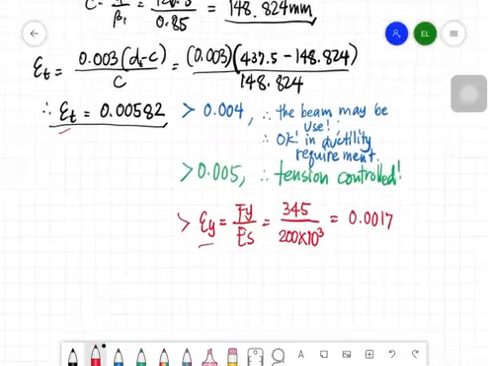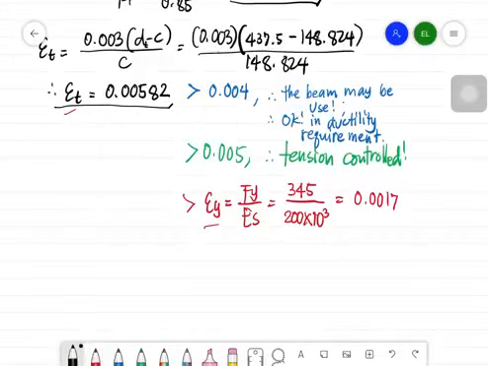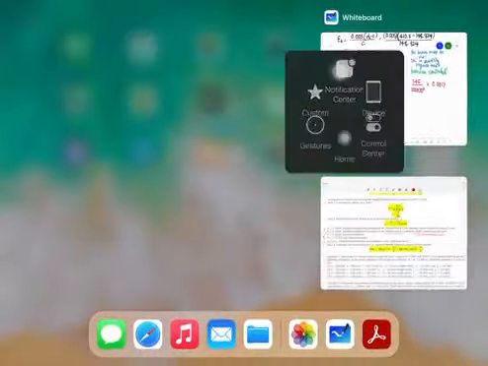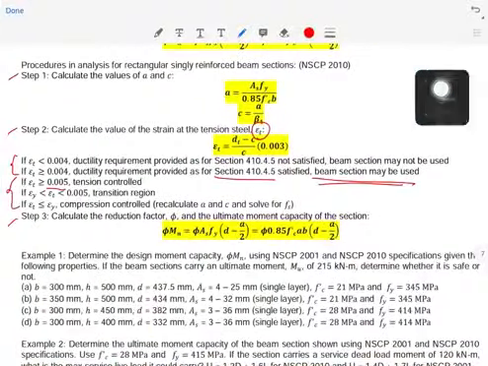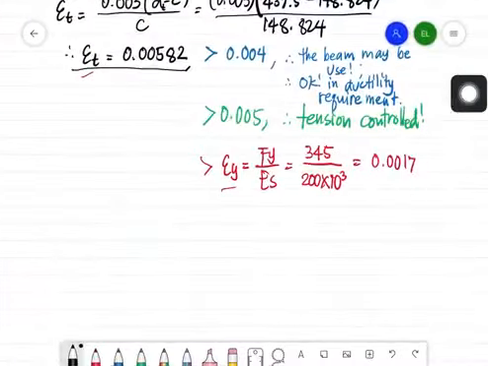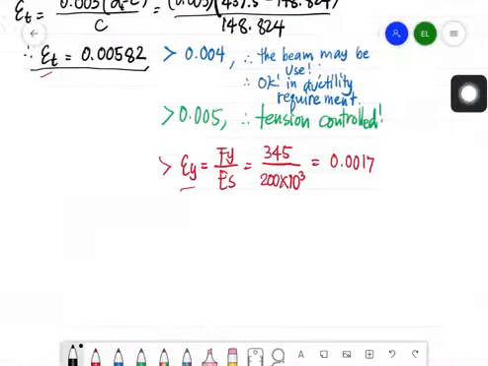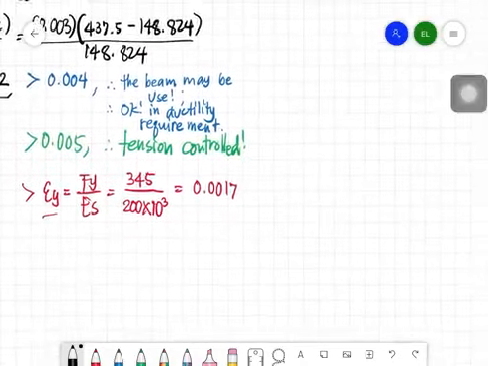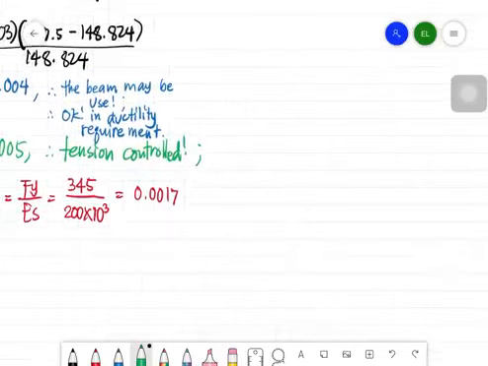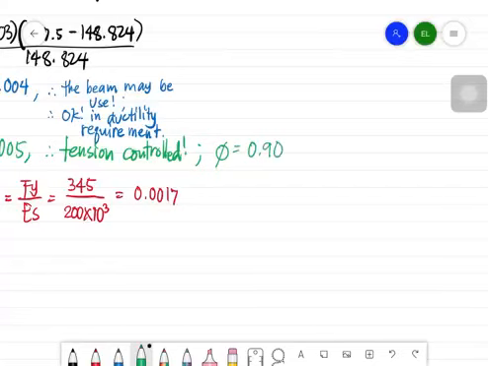Now let's proceed to step 3, to calculate the reduction factor. Since it is tension controlled, our reduction factor would be equal to 0.9.